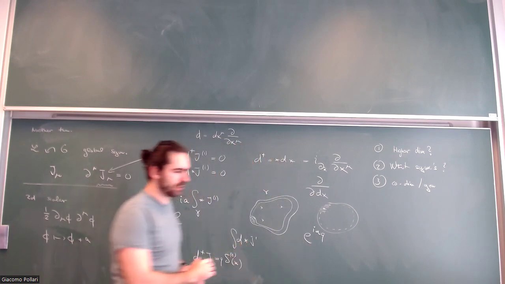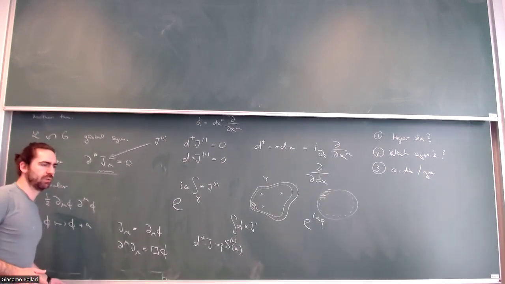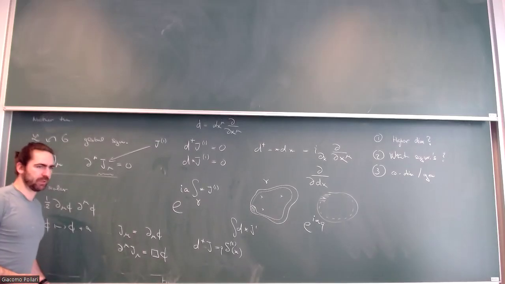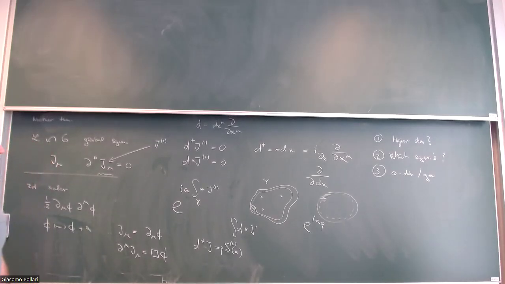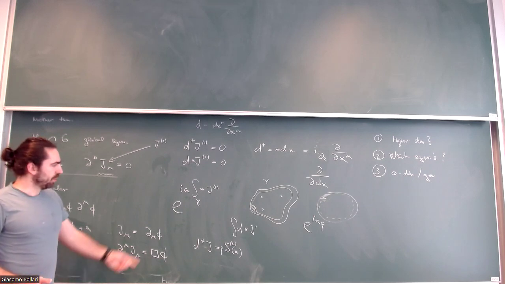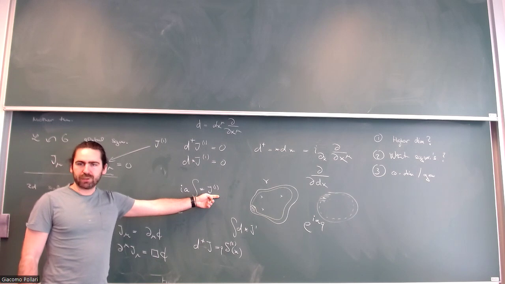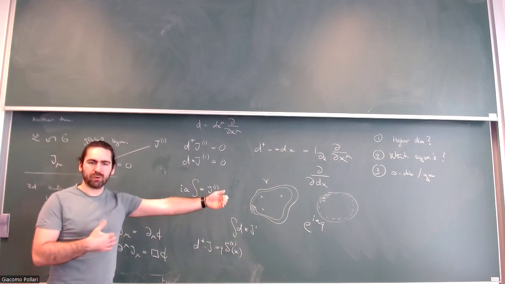Okay, so let's rectify these. So in higher, I was just talking about 2D here, just to set up a scene. But if I were in, I don't know, 5 dimensions, the suitable object I will be integrating is still a star of one form, and that's always a penultimate form, right?